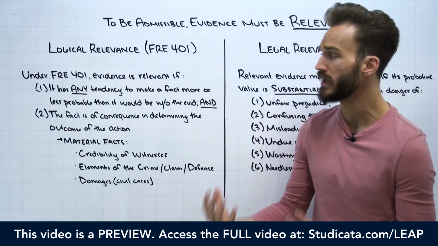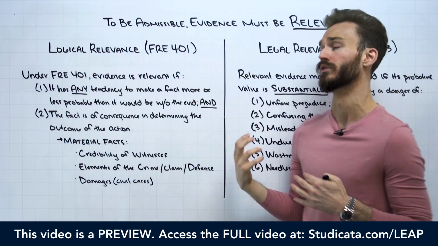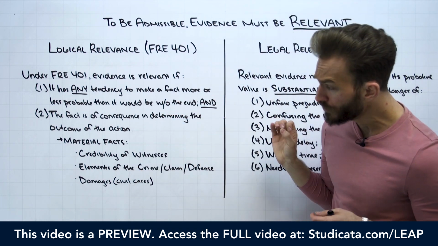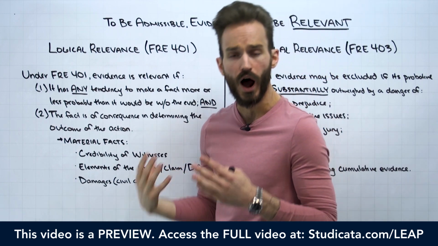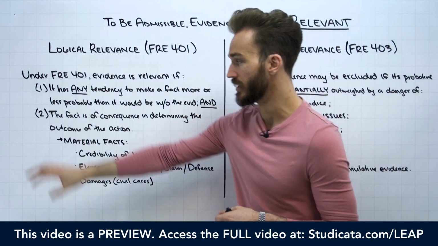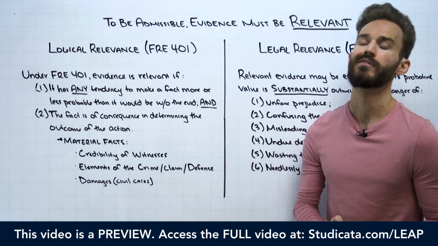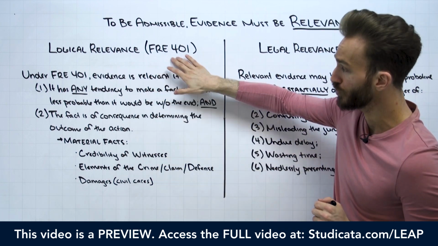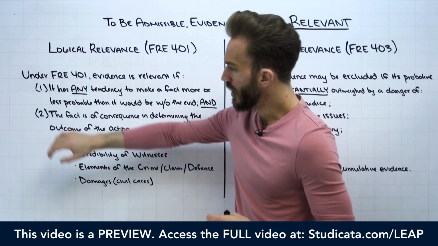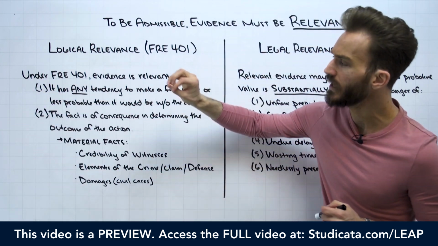Probative means that the evidence has any tendency to make a fact more or less probable than it would be without the evidence, and material means that the fact is of consequence in determining the outcome of the action. If both of these elements are satisfied, we say that the evidence is relevant under Rule 401 of the Federal Rules of Evidence.